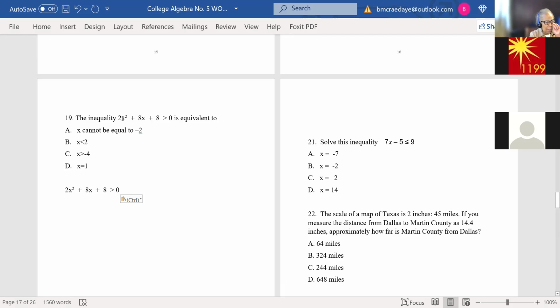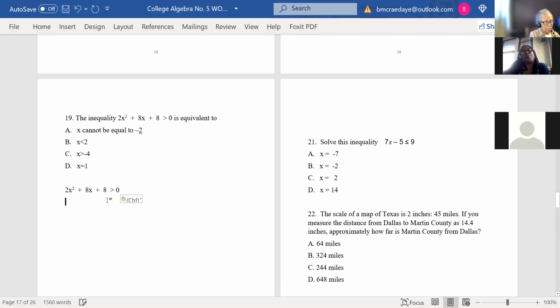So you have a -16 and 8 plus 8. A -16 and a +16 gives you what? 0. Right. And 0 is not greater than 0. So it cannot be equal to this one.